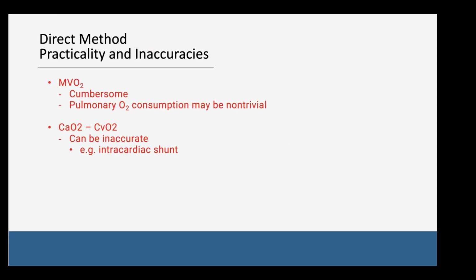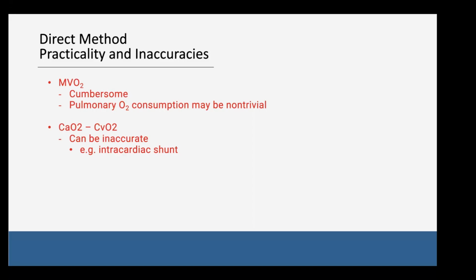And you're assuming then that this compartment is the lung and that the rate of consumption of oxygen in the lung is representative of the rate of consumption of oxygen systemically.